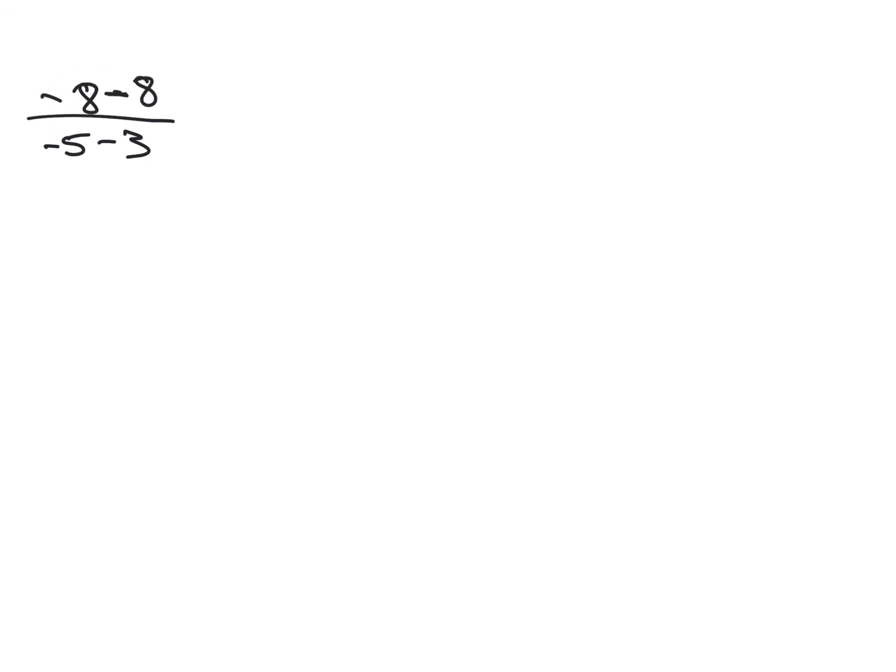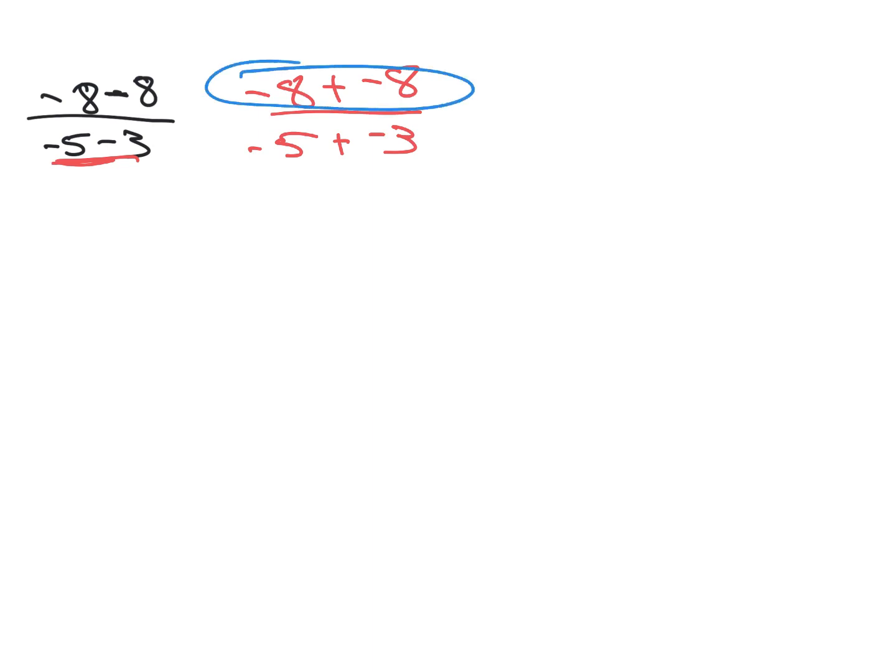So let's look at the top here, -8 minus 8. So I'm going to change that again to a plus -8 before I do anything. And down here, I'm going to change that to an addition. Okay, so now I'm going to look at my numerator. -8 plus -8. Signs are the same, so we add them and put the sign on there.